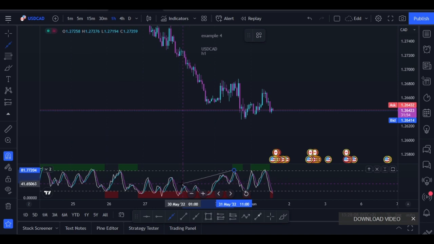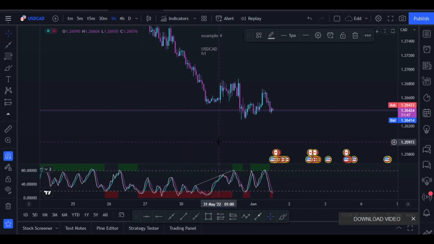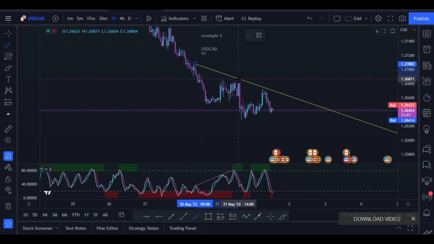So I spotted a hidden bearish divergence here. Let me use this point and draw that corresponding divergence on the chart, which would be to here. Okay, and that's how I'd have drawn that.